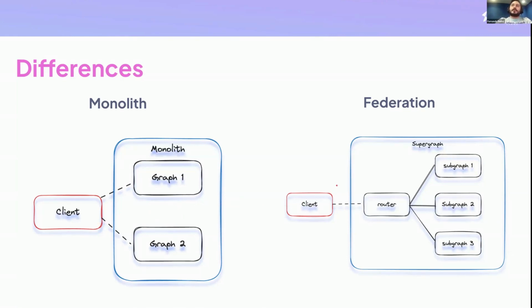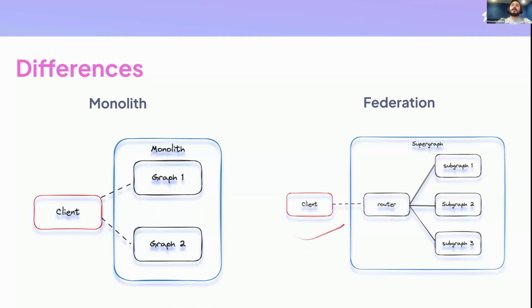So with Federation, we have, and this is a new concept, the router. We'll be talking about this a little bit later, but basically the router is in front of our federation, and it acts as a kind of gateway.